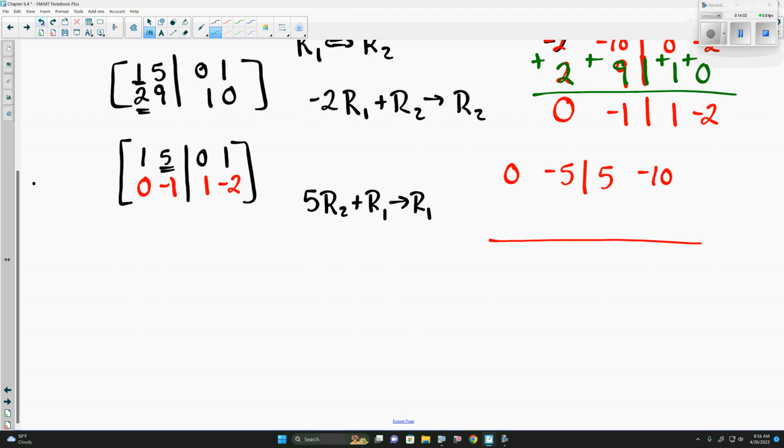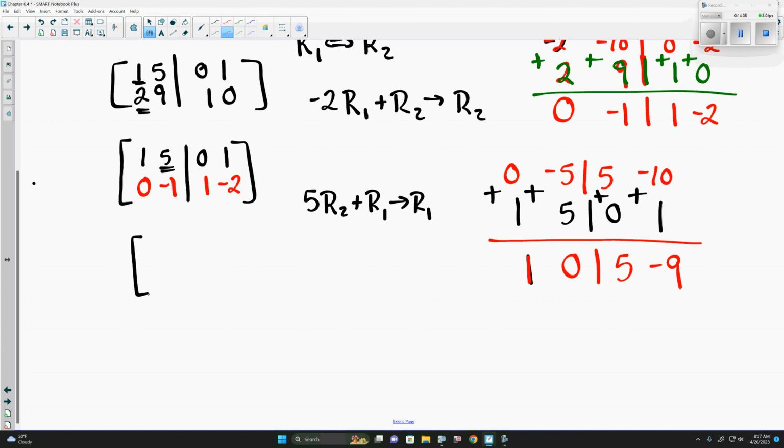I put 0 because the first row is 1, 5, bar, 0, 1. And we're going to add them together. Well, 0 plus 1 is 1. -5 plus 5 is 0. Bar. 5 plus 0 is 5. -10 plus 1 is -9.